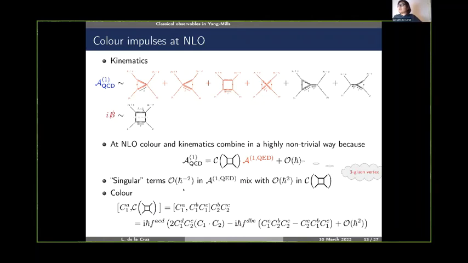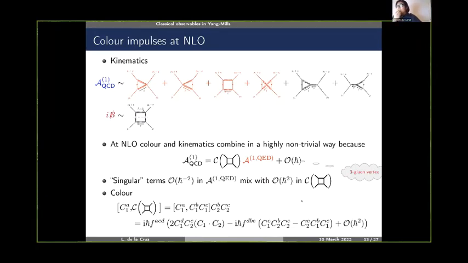These are singular terms in h bar which, because the observables that I have constructed are well behaved, should cancel somehow. And it turns out that they cancel due to the presence of this diagram here, the second contribution. But in the case of Yang-Mills, there is a new player, which is the color, and the colors satisfy the Lie algebra that I mentioned before. There's some h bar appearing there.